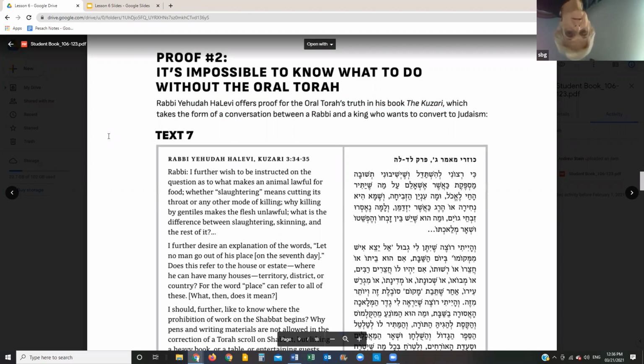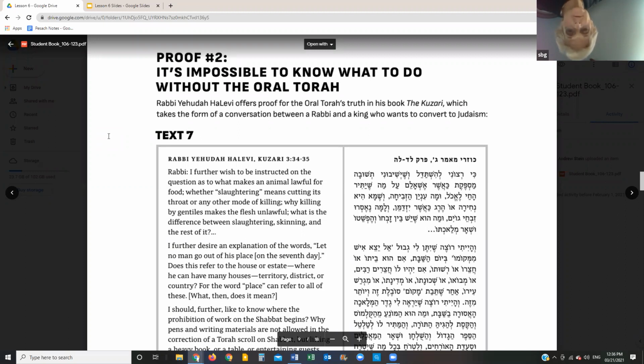Rabbi Yehuda Halevi, Kuzari. Rabbi, I further wish to be instructed on the question as to what makes an animal lawful for food, whether slaughtering means cutting its throat or any other mode of killing. Why does killing by Gentiles make the flesh unlawful? What is the difference between slaughtering, skinning, and the rest of it?